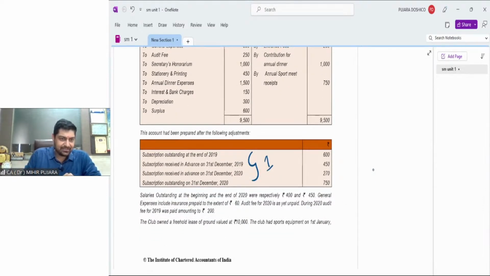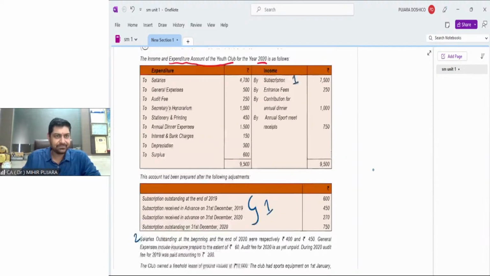Now the second is about the salary. The third is about the general expenses.